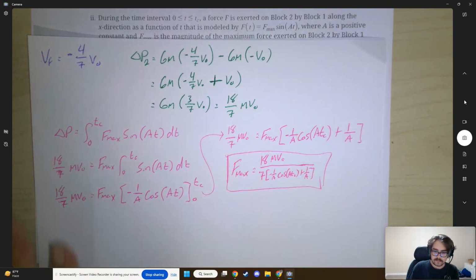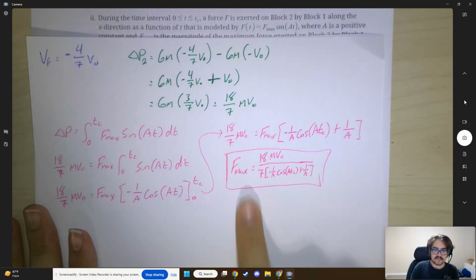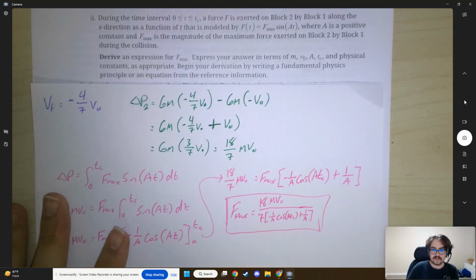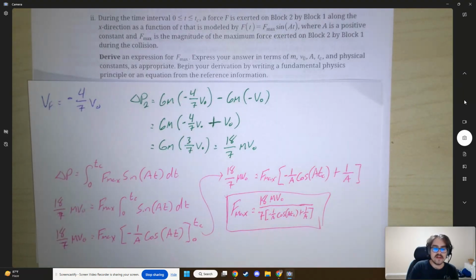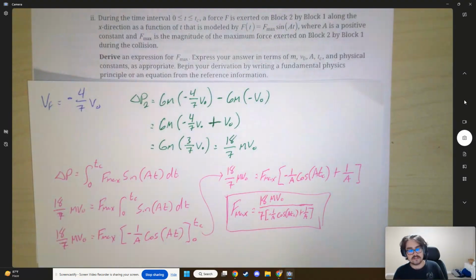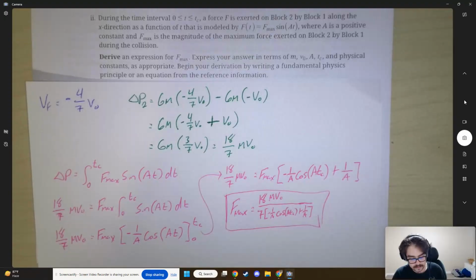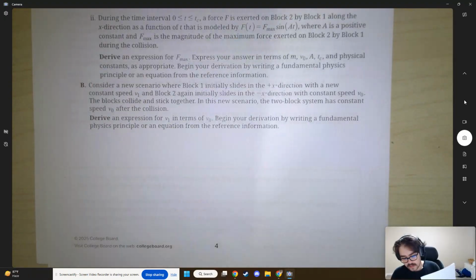I don't want to simplify it anymore, and that actually fits what I've got, because I've got M, V naught, A, and T sub C, and there's nothing else in it. So this is technically a full credit response for that question.